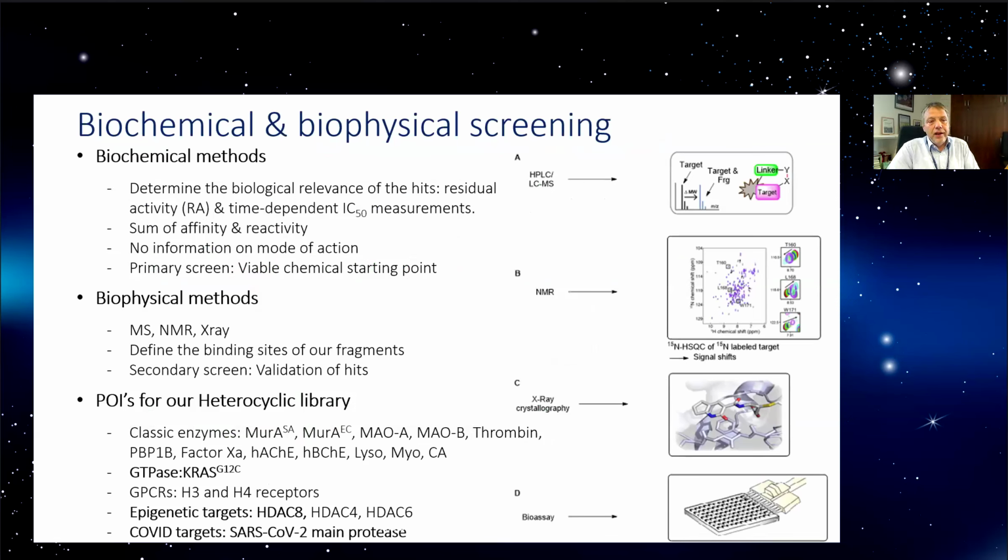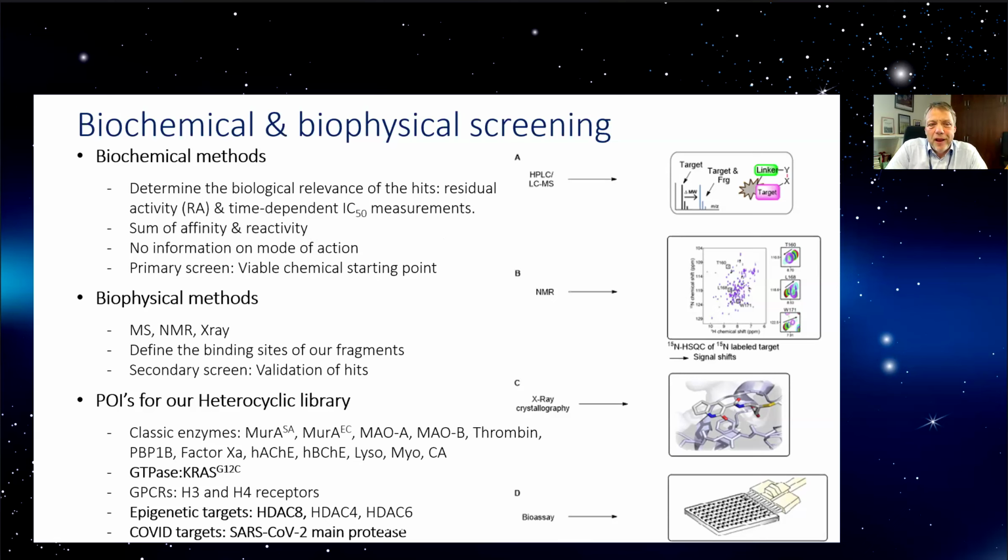So having the library characterized against the surrogate, the next point was to test this library against different proteins of interest. And for this purpose, we used biochemical and biophysical methodologies. In the case of biochemical screening, we typically detected the residual activity of the protein, and we measured the time-dependent IC50s. Also, we try to identify viable chemical starting points for these particular targets.